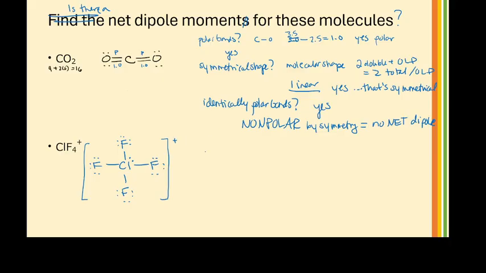And we also had determined, well, let's first do polar bonds. Change color. Polar bonds. So ClF, fluorine is 4.0 minus 3.0 for chlorine equals 1.0, which is greater than 0.4. So yes, I have polar bonds.